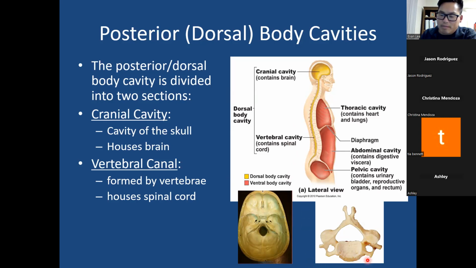If you look at this backbone right here called a vertebra, do you see this large hole? This is going to be connected all along the backbones so that you form this space within the dorsal cavity, which is the vertebral canal. So the vertebral canal is part of your dorsal body cavity, along with your cranial cavity for your skull, or for your brain.